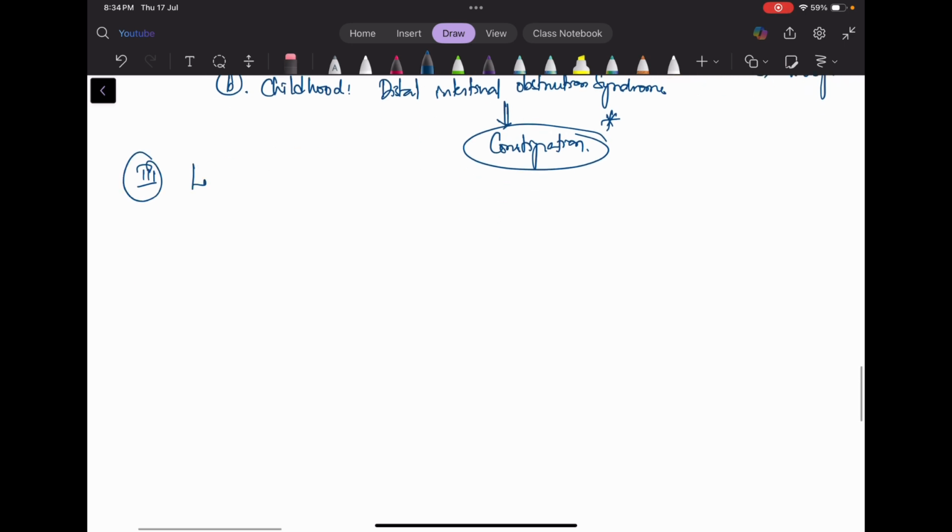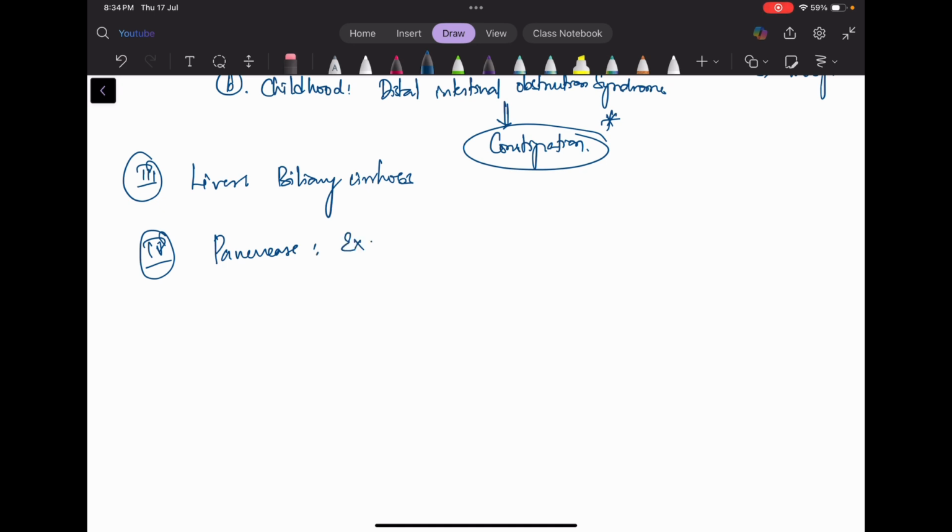Then in the liver it causes biliary cirrhosis. Then in the pancreas, symptoms will be seen wherever chloride and bicarbonate are linked. So you have to know where they are present. You can check that in my physiology video, where these receptors are present, so that it will help you in detail.